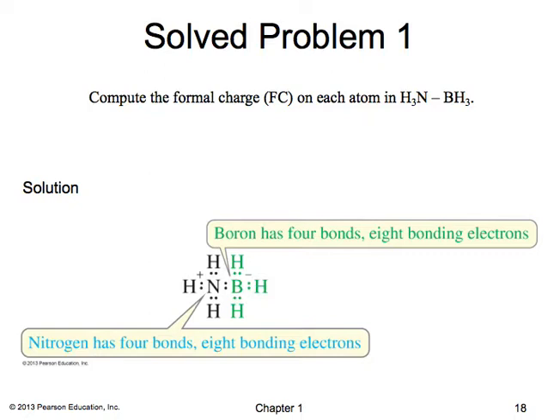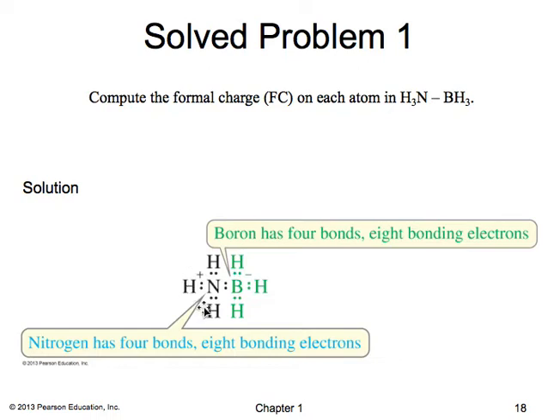So let's do a problem. Compute the formal charge of each of the atoms in this H3N BH3. So shown here is the solution, right? You draw your Lewis dot structure with your nitrogen and your boron, and then your hydrogens filling up the unpaired electrons. And then once you do that, you have to figure out, okay, nitrogen.